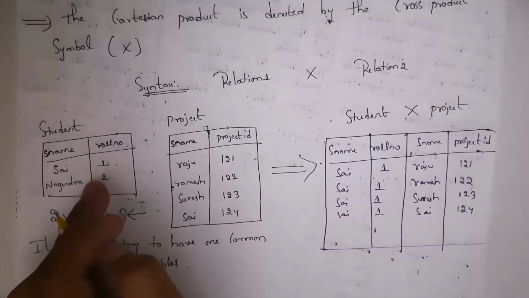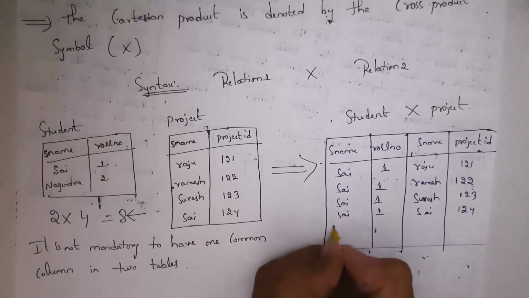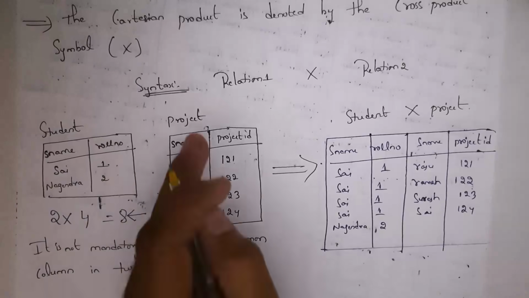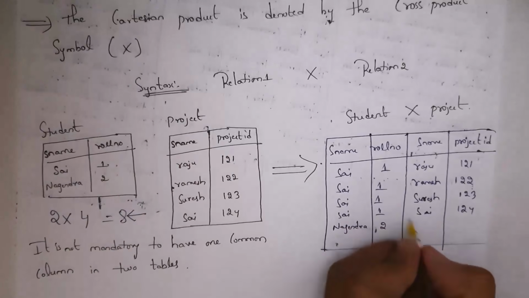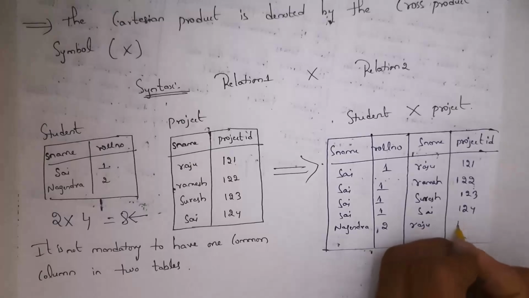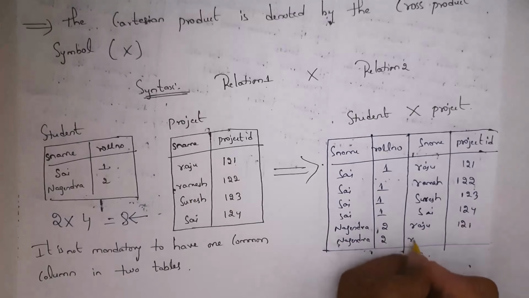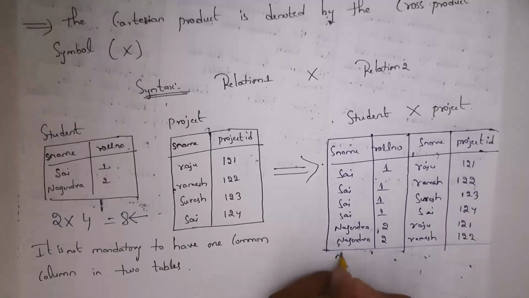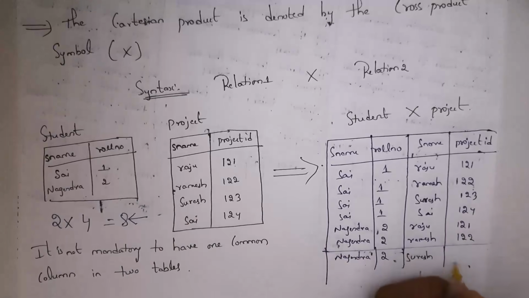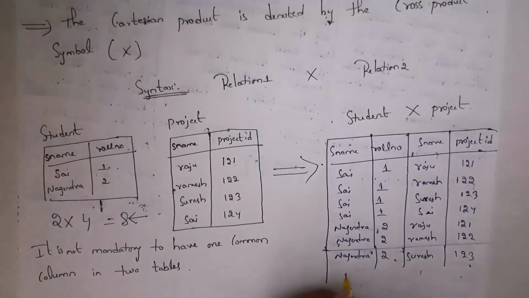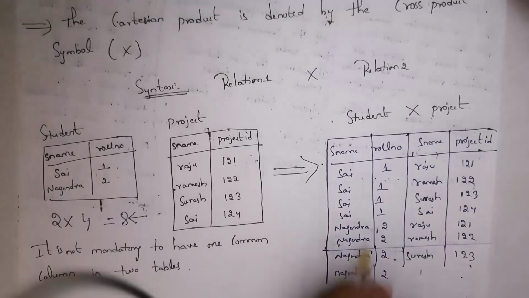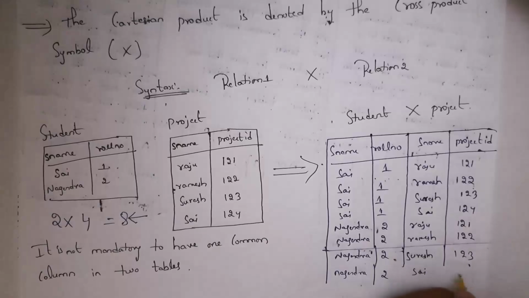Now again select second record from first table, that is Nagendra and 2 and combine this with first record from second table, that is Raju 121. Again select Nagendra 2, second record Ramesh 122, again select Nagendra 2, third record Suresh and 123. Again select Nagendra 2, combine this record with fourth record, that is Sai 124.